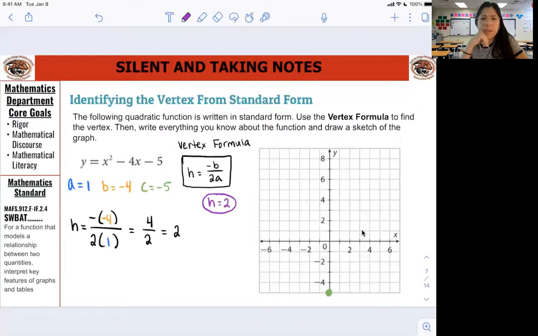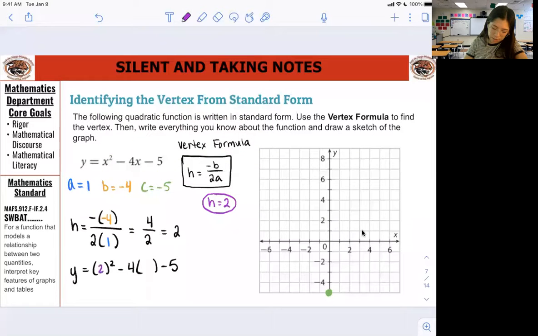That's great, but what am I missing? In order to know the vertex, I also need to know the k. So in order to find k, all you need to do is take the h and plug it into your original equation. I have my original equation right here, and I'm going to plug the number I got for h in everywhere that you see an x.